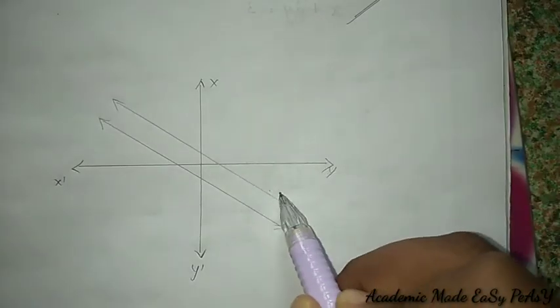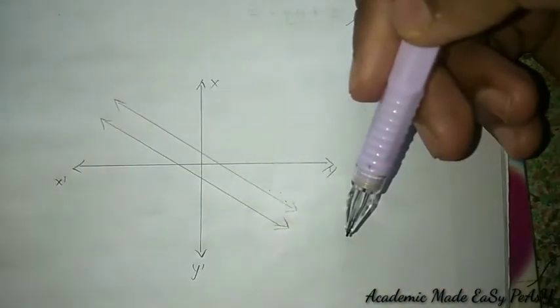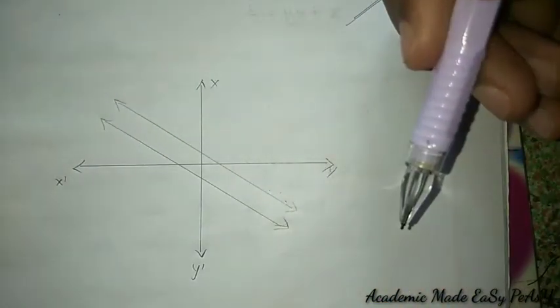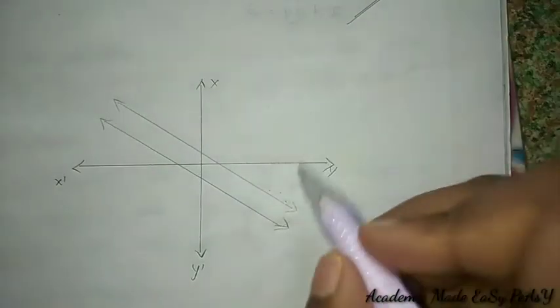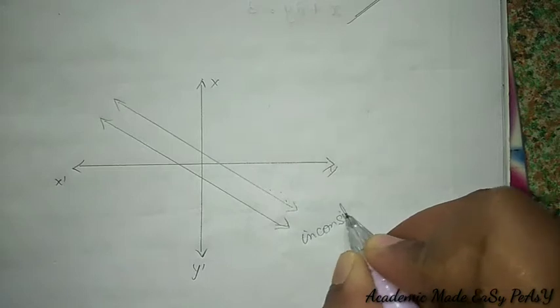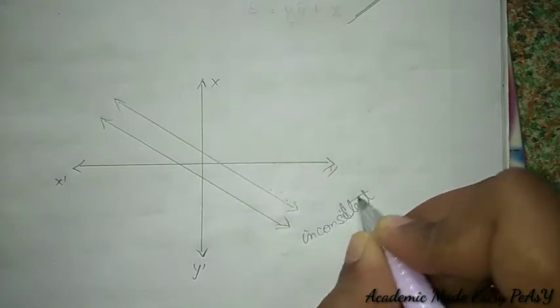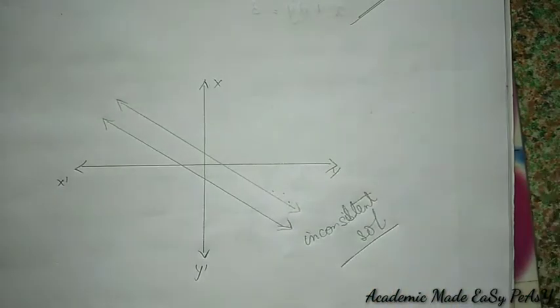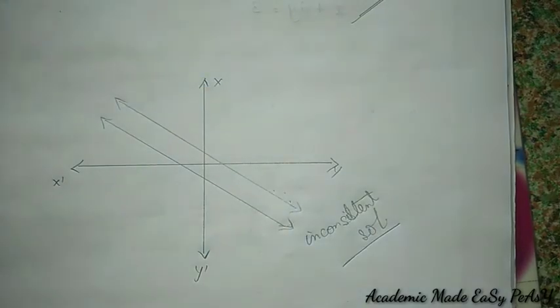Now consider this graph. These two are parallel lines. Do parallel lines meet at any point? No. So therefore this is inconsistent. That's it. I will teach you more and more clearly when we go through the exercise sums.